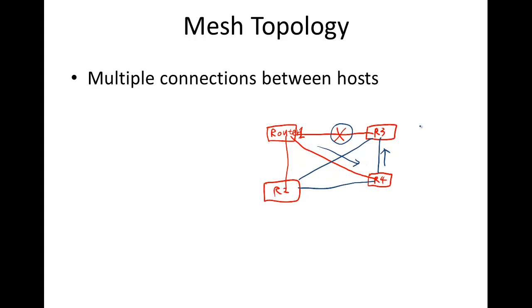So this redundancy is critical in an internet which consists of these multiple routers. So the mesh topology is really the one used for the internet, and the devices really using the mesh topology are the routers.